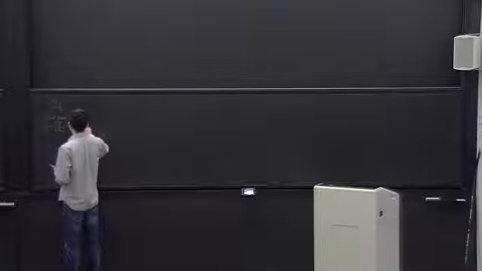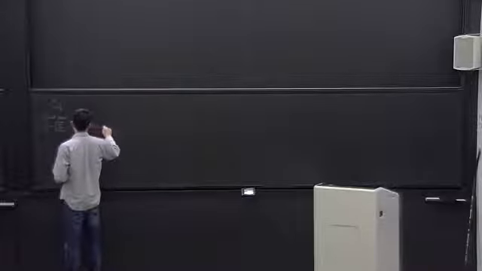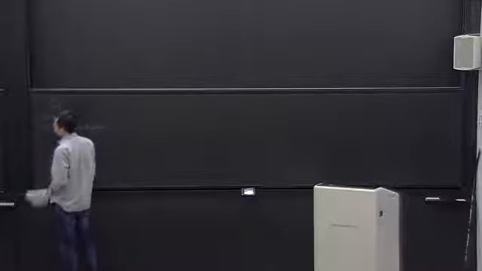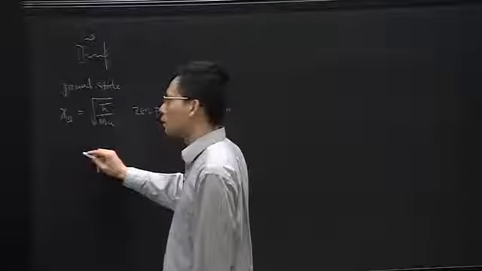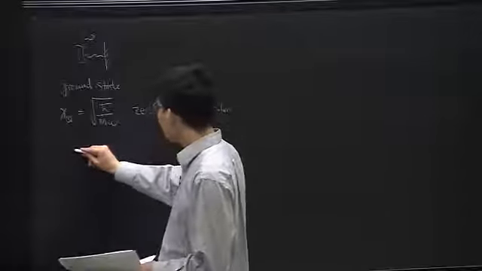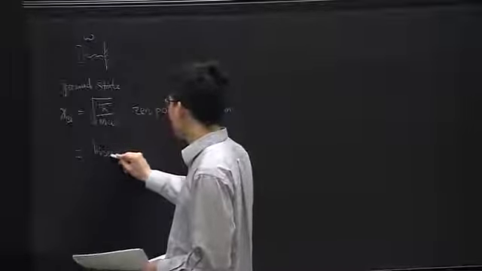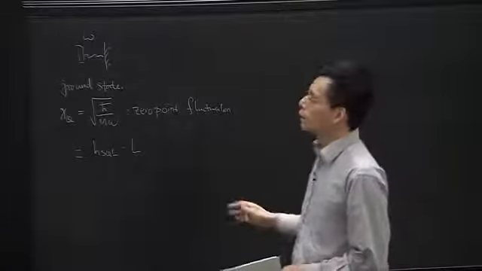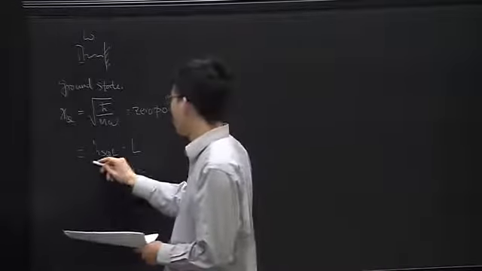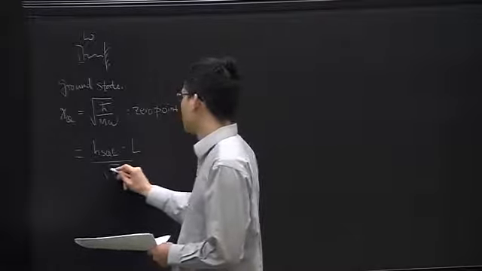This is the zero-point fluctuation of a harmonic oscillator. If you compare this x_q with this h_SQL, you will find that it is h_SQL times the arm length, then divided by this factor.